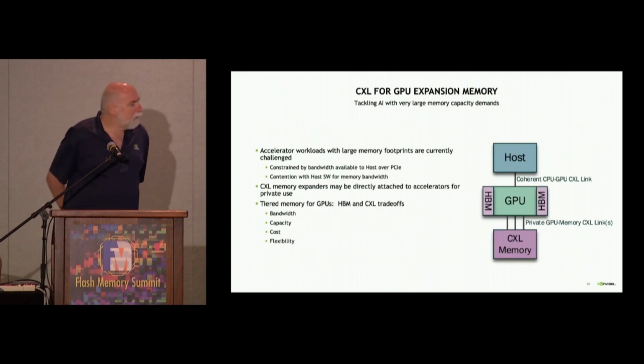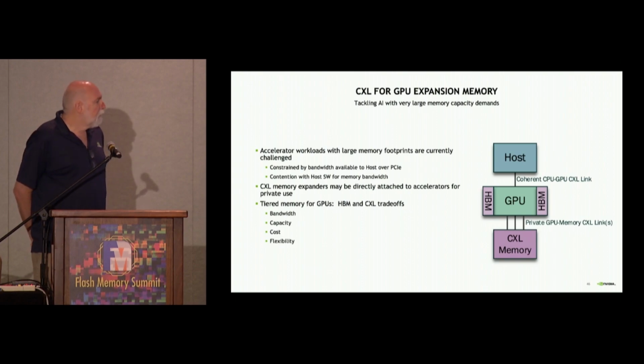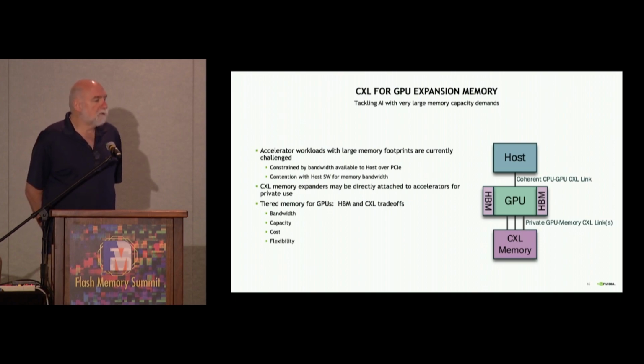Another key use case for us is GPU expansion. So today we have a host connected to a GPU, and we have high bandwidth in-package memory. HBM is clearly limited in capacity. We want really high bandwidth, which HBM gives us, but we also want more memory.